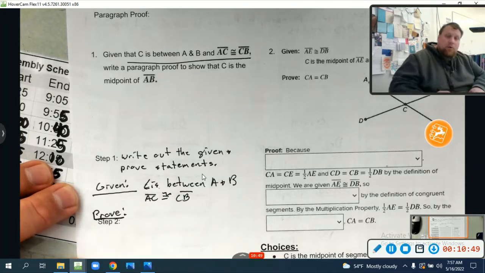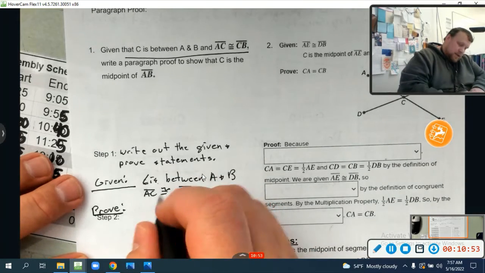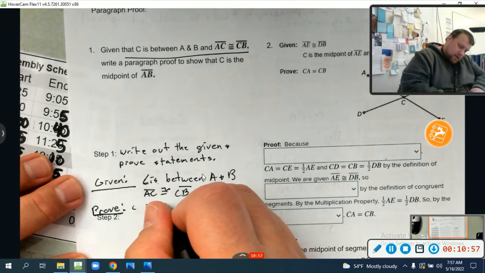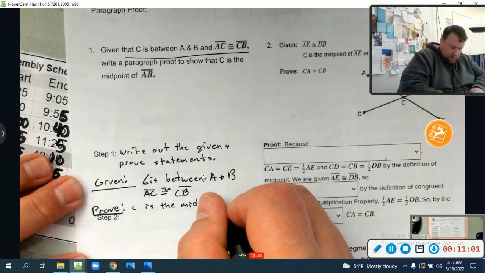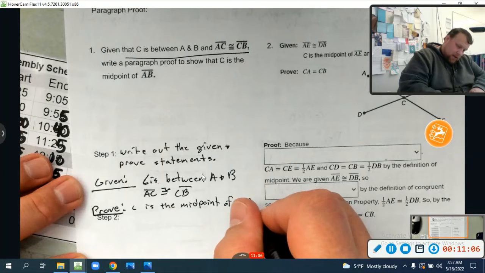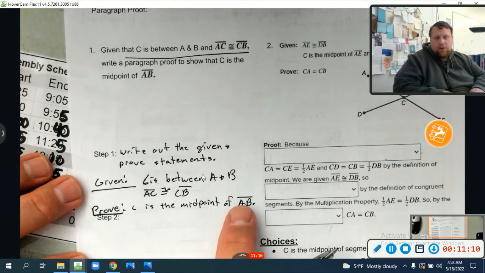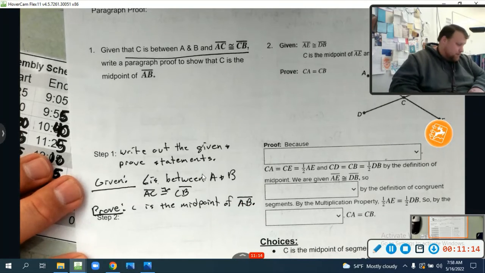C is the midpoint of segment AB. By the way, if you're ever writing this on a computer and you can't write that segment line above it, you just write out the word segment beforehand. So you'll see that happen at times.